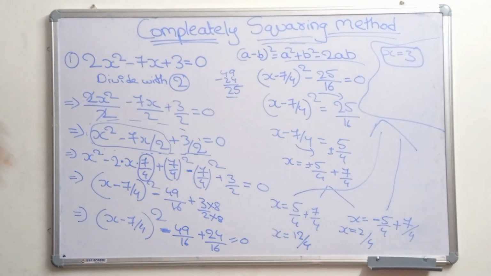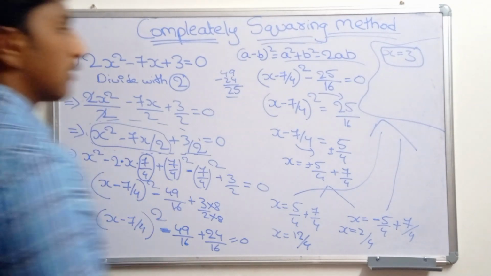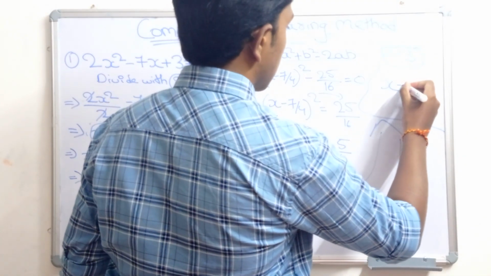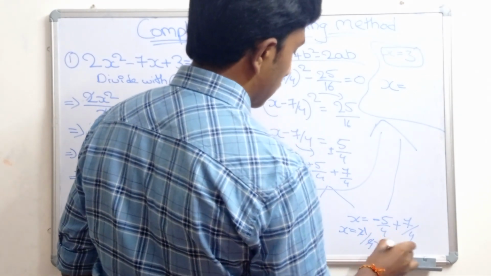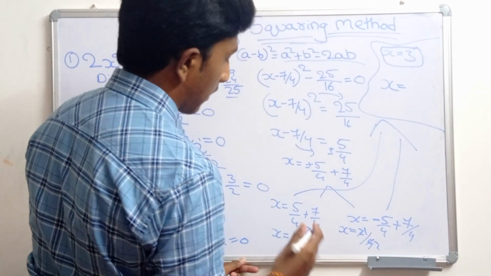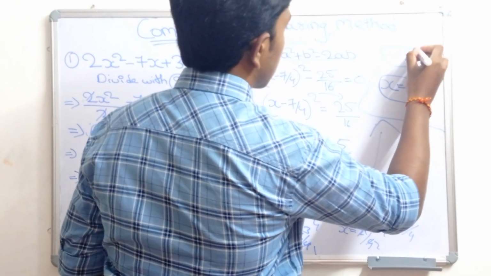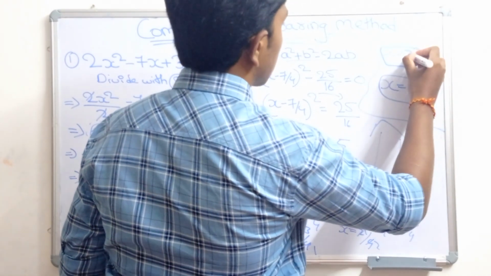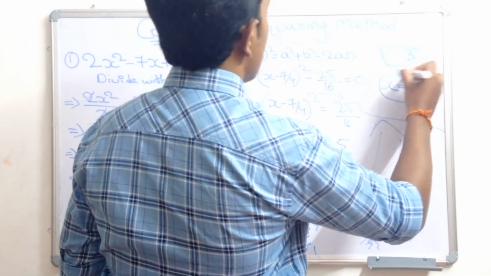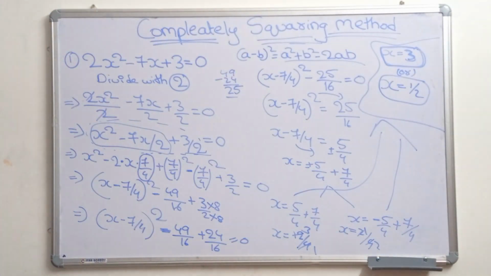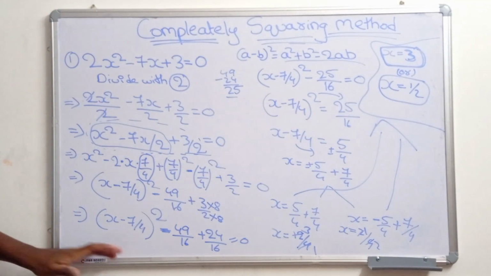And if I solve 2/4, x is equal to 2/4 means 2 ones are 2, 2 twos are 4, so 1/2. So x is 3 or 1/2. So the final answer is the roots are x is equal to 3 or 1/2.